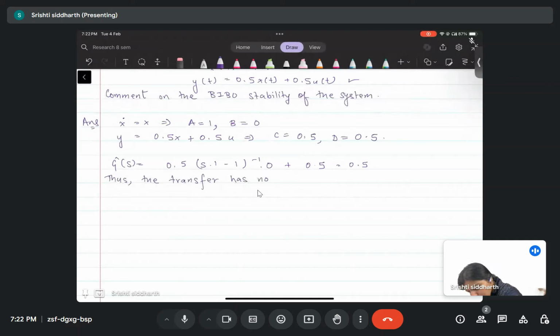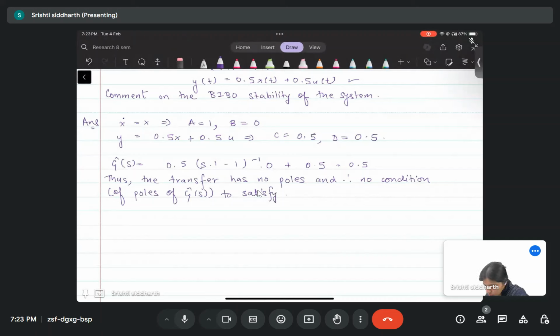The transfer function has no poles, and therefore the condition to satisfy, that the poles of G hat of s have negative real parts, holds. So this LTI system is BIBO stable.